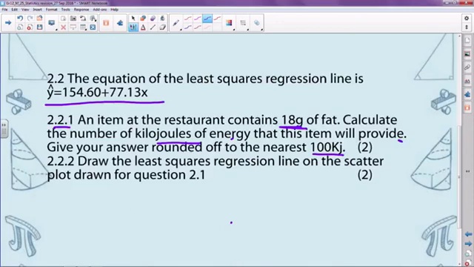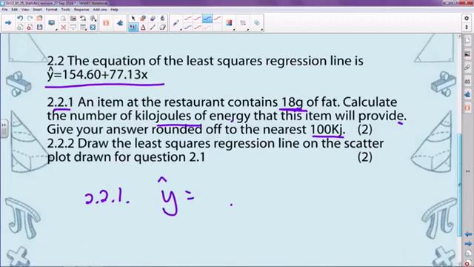Obviously, you know that there's a relationship between the fat content and the energy released. They've now given you the amount of fat and they want you to estimate or calculate what the amount of kilojoules released will be. So what are they asking you for? Well, in your equation of the least squares regression line, they're asking you for the approximate value of y.